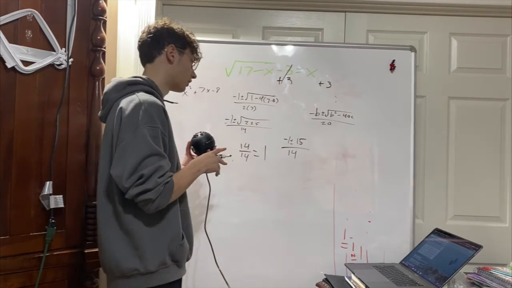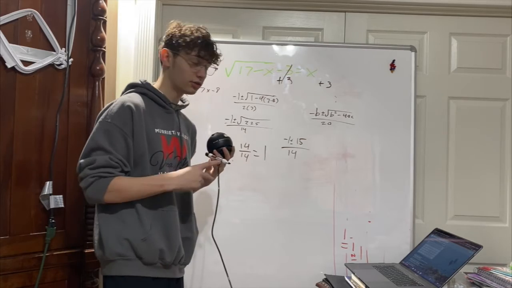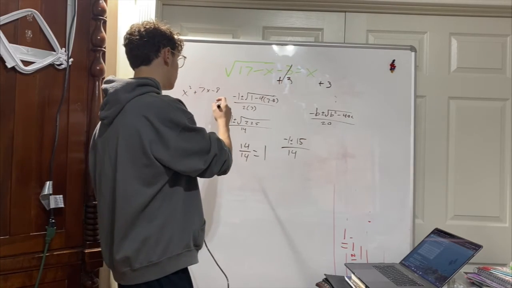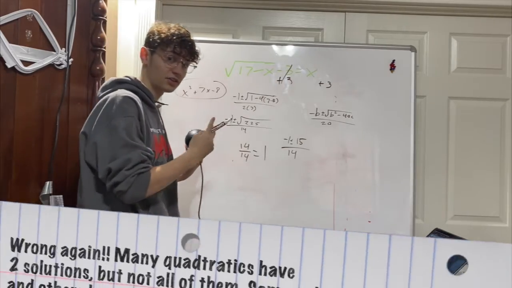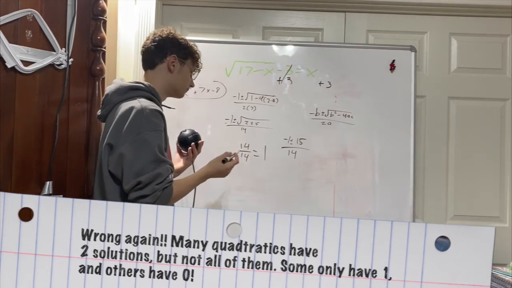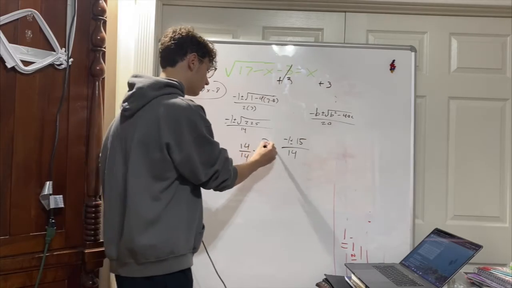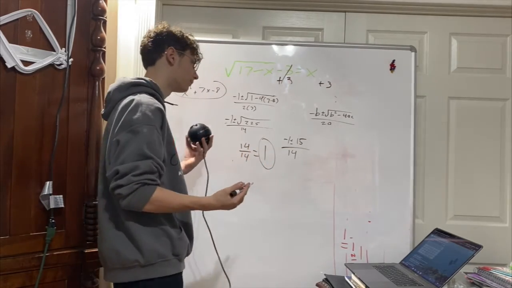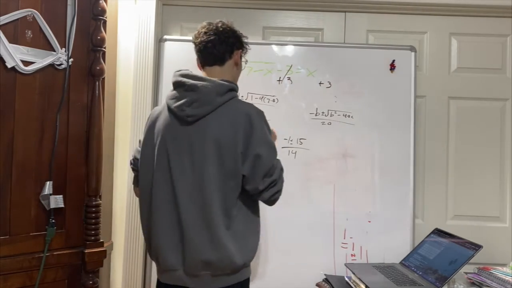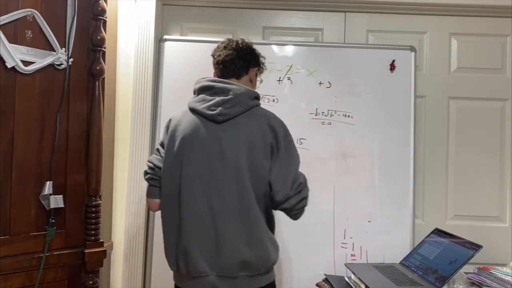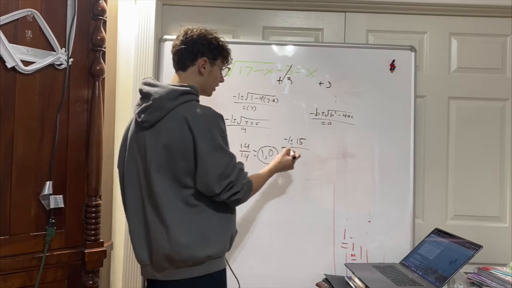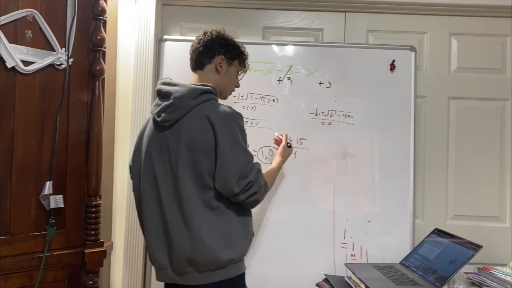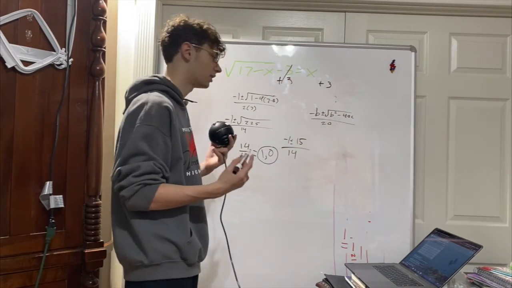So one of the two solutions, because every quadratic has 2 solutions, 1 is one of them. Well, the point (1, 0). Let me write that. (1, 0) is one of the solutions. Now, all we have to do is, instead of doing negative 1 plus 15, negative 1 minus 15.